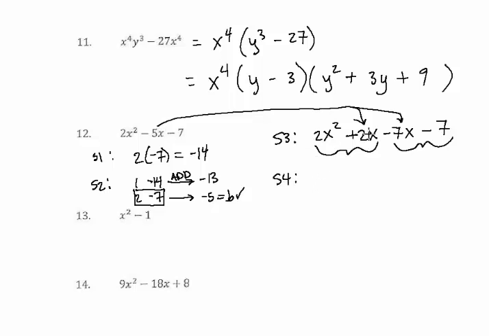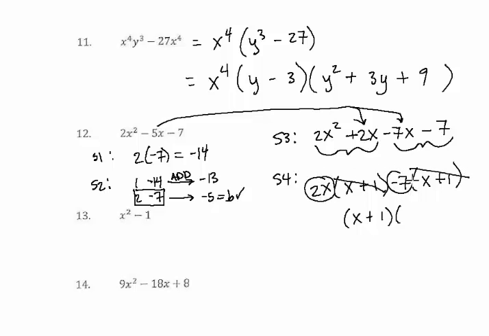So out of the first two terms, we take out a 2x and we're left with x plus 1. Out of the second group, we take out a -7, and again we get x plus 1. So we take out that x plus 1, and whatever's left pieces together our second factor, 2x minus 7.